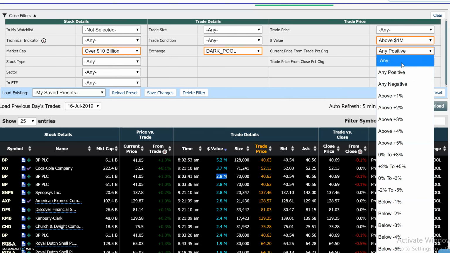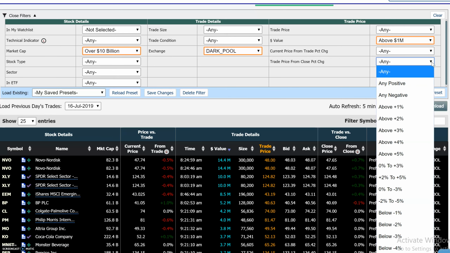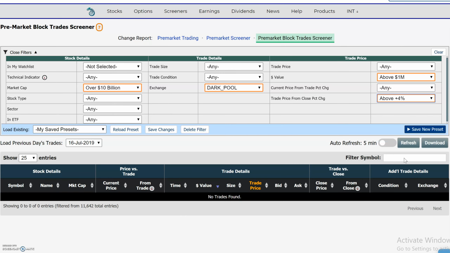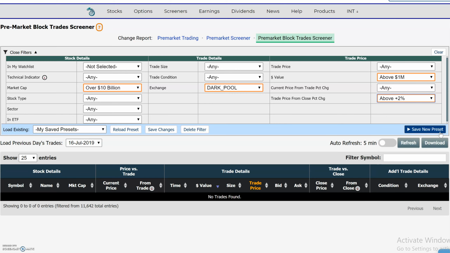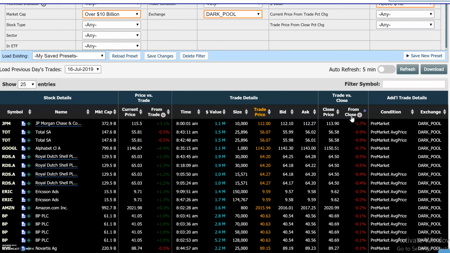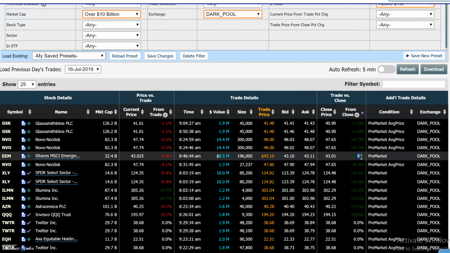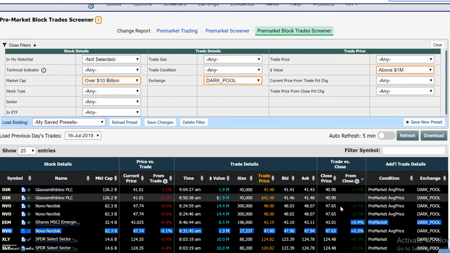I'll let go of this, or trade price versus closing price. Maybe something traded way outside yesterday's closing price, and there's nothing over here at 4%. Let's try 2%. Yeah, so just see how high. Nothing very crazy in the dark pool in those big trades today.